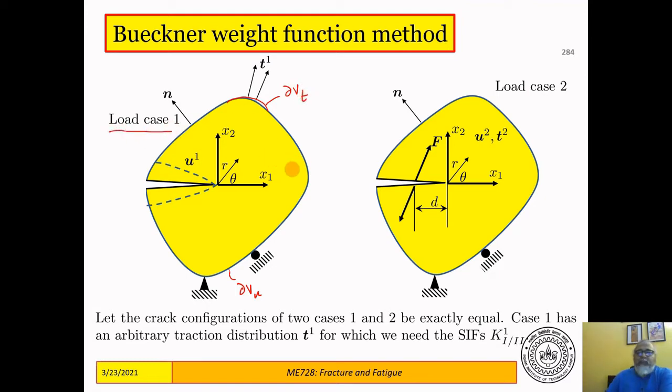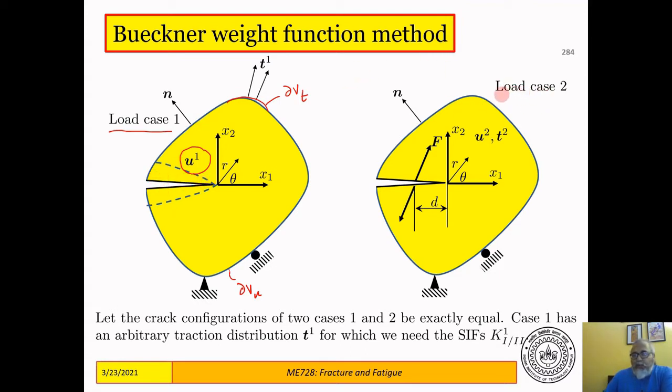In load case 1, where we want to find the stress intensity factor at the tip of this crack, we have tractions applied at far field or on the face of the crack, and we have a displacement field in the body given by U^1. N is the outward normal to the surface or the crack faces.